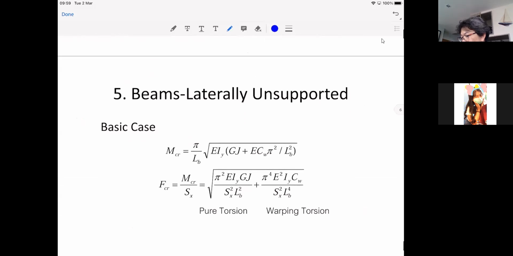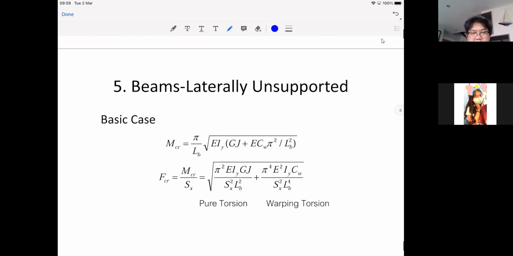Now, in the general basic case, please don't be discouraged by the formulas because it's just the basics of how things come about. But we don't need to use these formulas.